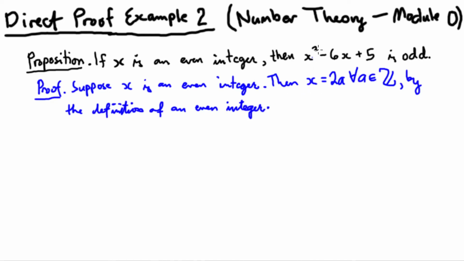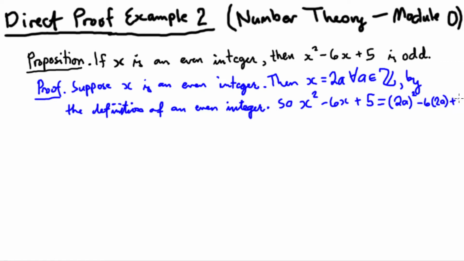We want to prove that x squared minus 6x plus 5 will be in the form of an odd integer. So we have x squared minus 6x plus 5 equal to, letting x equal 2a, 2a squared minus 6 times 2a plus 5.